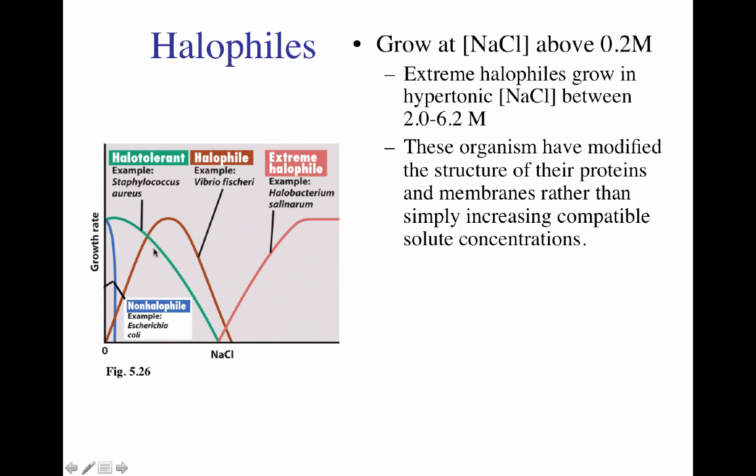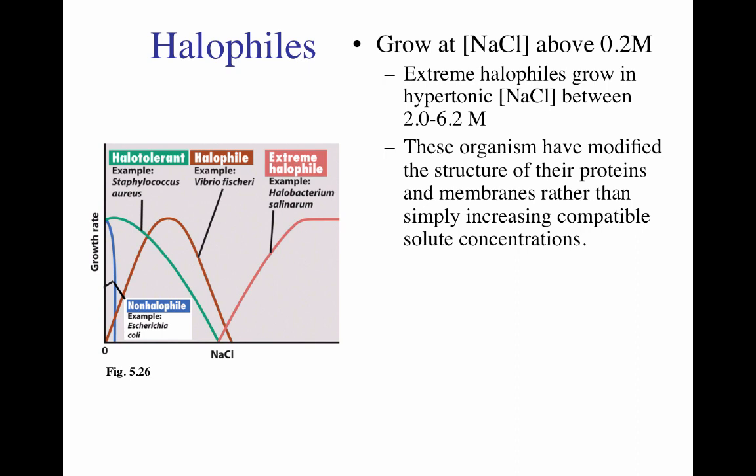Now, some true halophiles, like the marine microorganism Vibrio fischeri, definitely love to live at a much higher concentration. But it is not until you get to the extreme halophiles, like Halobacterium salinarum, which lives in the water of the Great Salt Lake in Utah, that you get to bacteria that really thrive in environments with super high concentrations of salt.